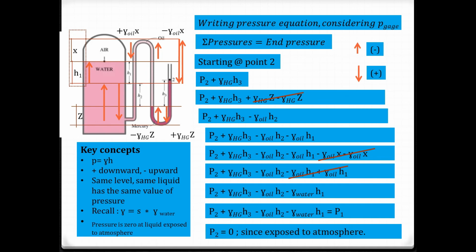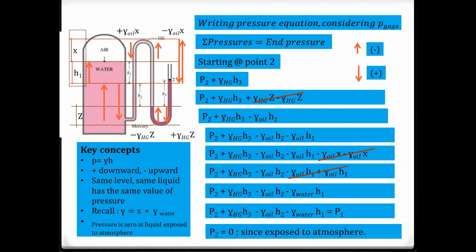So basically, the key concepts here are as follows. We use the formula that pressure is equal to gamma H. Gamma H could be expressed into positive if it is going downwards and negative if it is going upwards. Same level, same liquid has the same value of pressure.